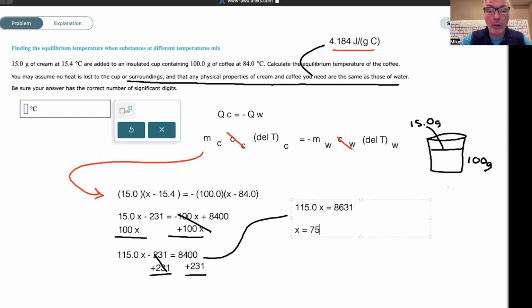Remember, I'm going to include all the digits because that's what your calculator does, and you don't have to worry about it. 17391. Oh, you got to make it difficult, don't you, ALEKS? Right on 0.5 and just a little bit above. X is 75 because all of the temperatures were in degrees Celsius to the tenth of a degree Celsius. My answer, I'm not going to put it in the box yet. I'm going to dwell on it.